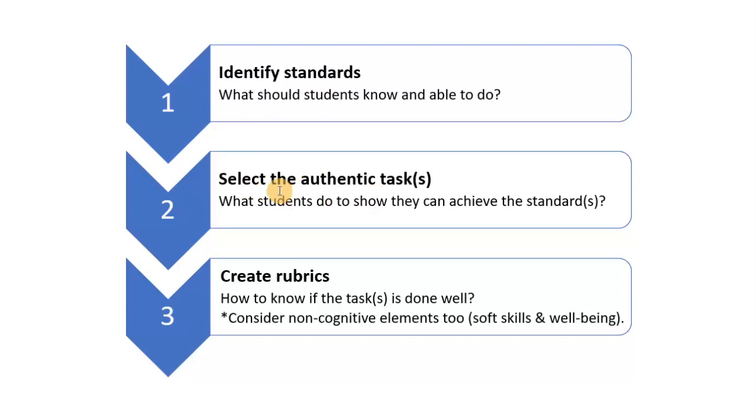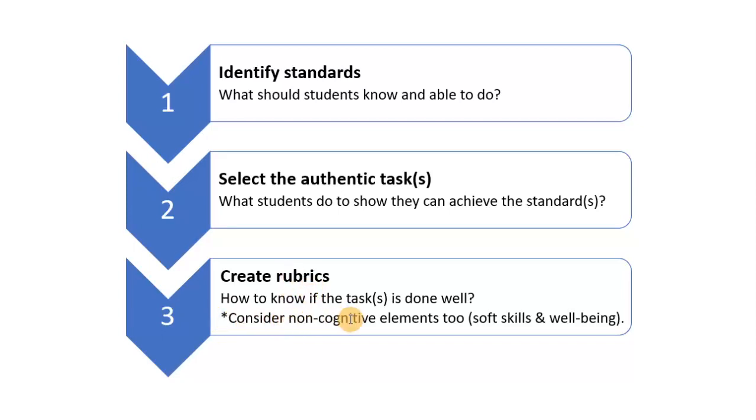And then after you select an authentic task, you create a rubric to determine how to know if the task is done well or not, so that you have a guide to determine whether the task is done well or not so well. You should also consider an extra note when making the rubric.